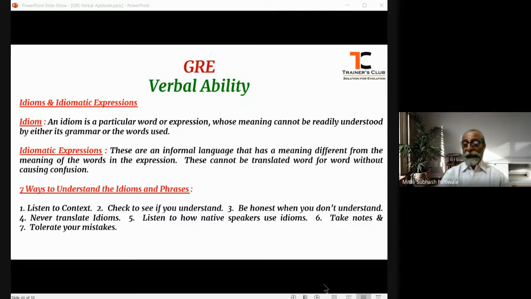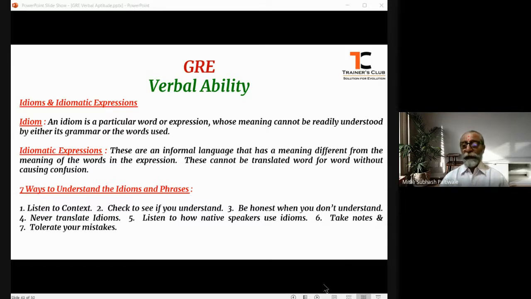So, as we have learned the basics that are required for the verbal ability, now we will go a step further ahead about the requirements for GRE.